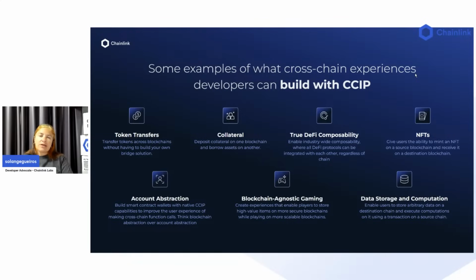And it's not on my program to talk more about account abstraction. You can research about it. But account abstraction is so important, like to create smart contract wallets. And if you create a wallet with native CCIP capability, you can have a better user experience to interact with applications that are cross-chain.